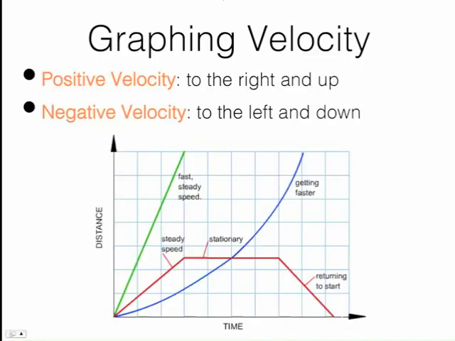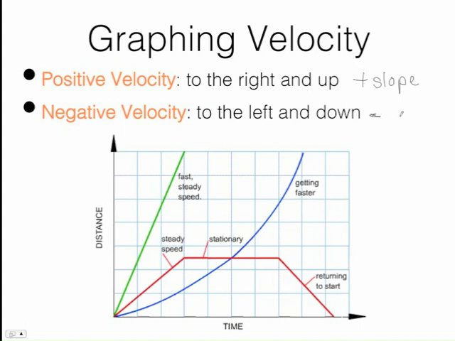Now, if we're going to graph velocity, there's a couple things that we can see with the slope, which is really handy. A table of distance and time tells you nothing about velocity, but if you plot those points, you can actually see some really important things about the velocity once you've drawn the graph. If your graph has a positive slope, it's going to have a positive velocity.